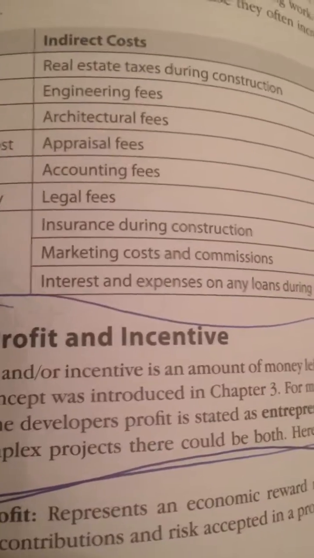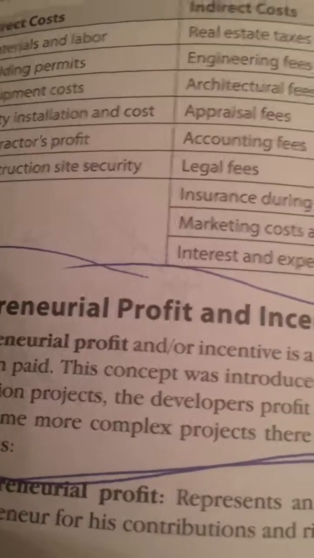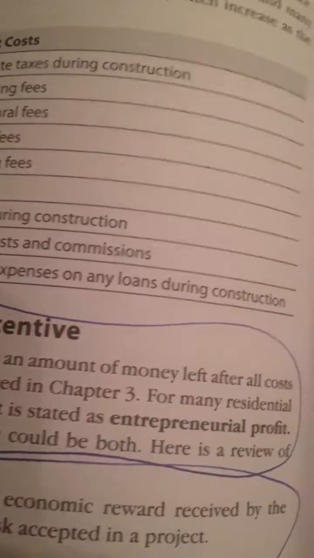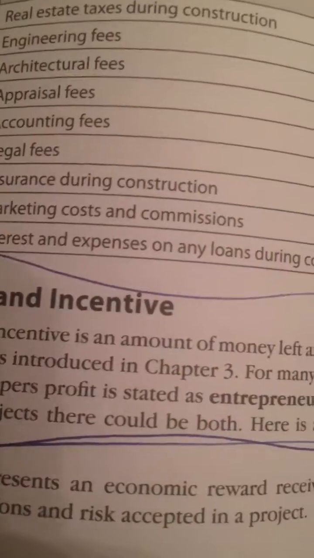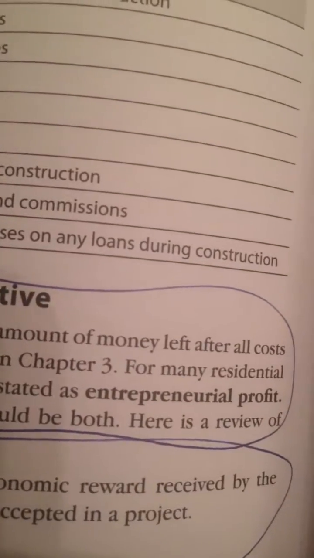Entrepreneurial profit and incentive. This was a test question. Entrepreneurial profit and/or incentive is an amount of money left after all costs have been paid. This concept was introduced in Chapter 3. For many residential construction projects, the developer's profit is stated as entrepreneurial profit.